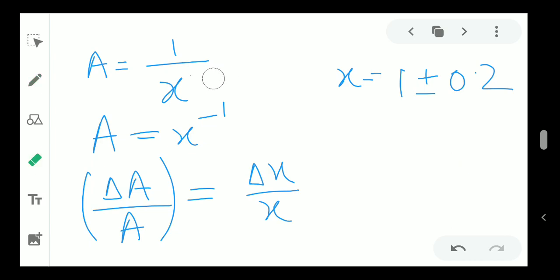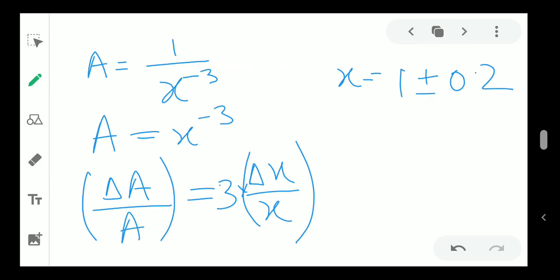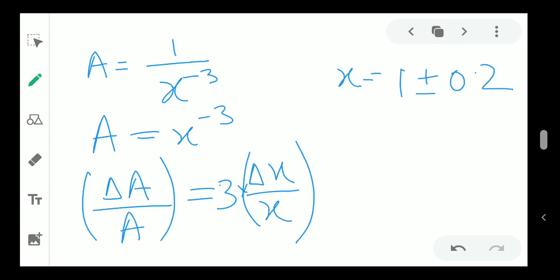Let's say it is not minus 1, instead it is minus 3, so it will be multiplied by 3 but not minus, because we don't take minus in case of error. So in case of minus 3, minus 4 also the same thing will happen, only the magnitude of the index will come in front of the relative error.